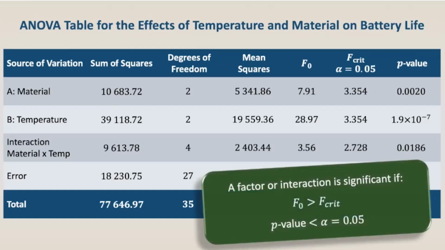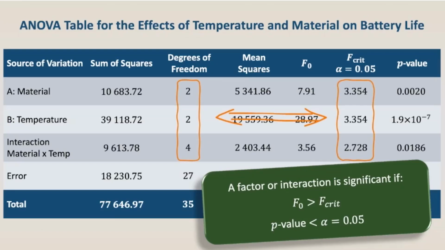To remember, a factor or interaction is significant if F0 is higher than the critical F, meaning that the p-value is lower than the significance level alpha, usually 0.05. Before going further, it is important to point out that the critical F is not the same for all the tests. This is because of the different degrees of freedom of each term.